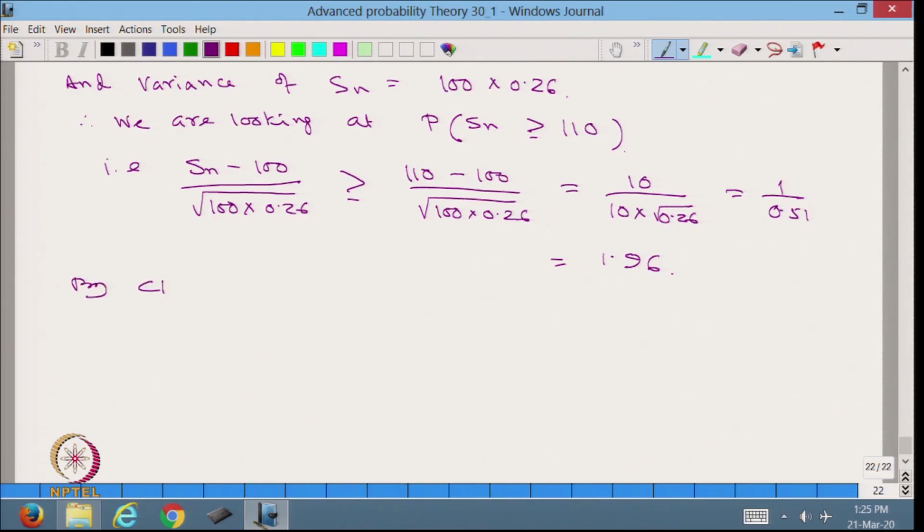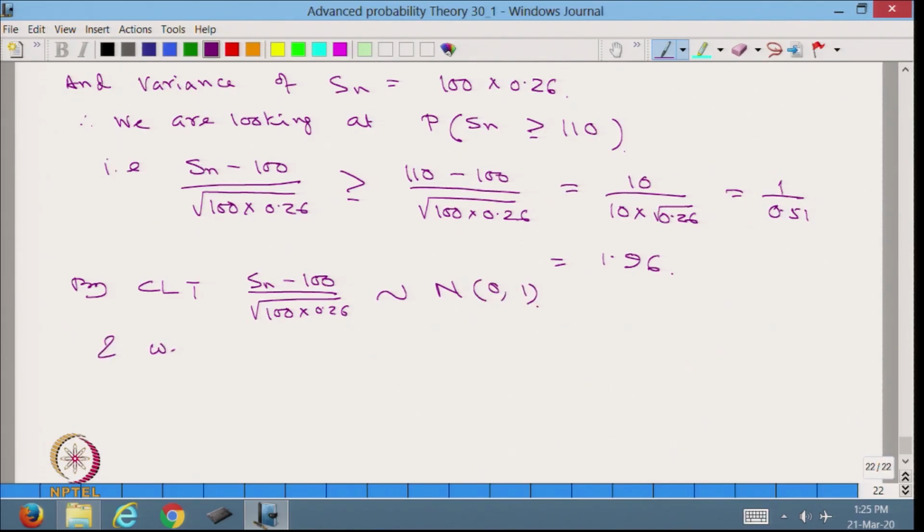By CLT, (Sn minus 100) upon root over (100 into 0.26) is distributed as normal 0, 1.